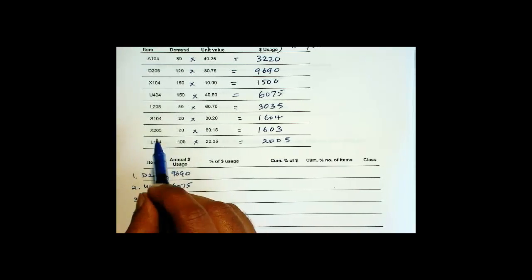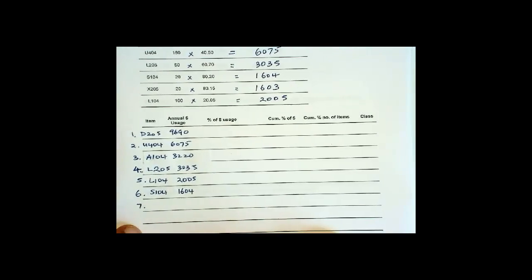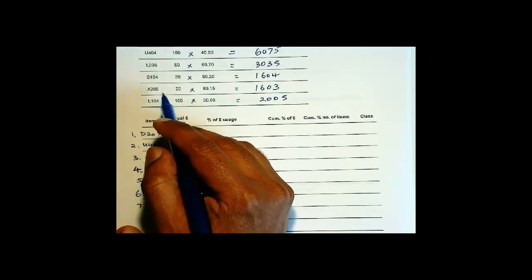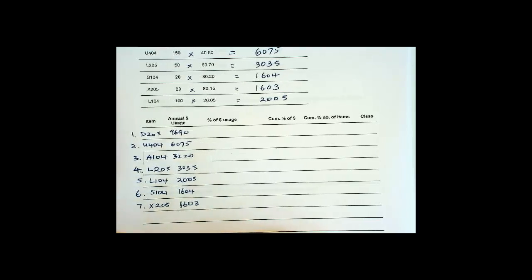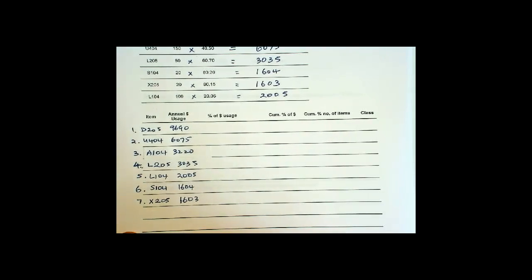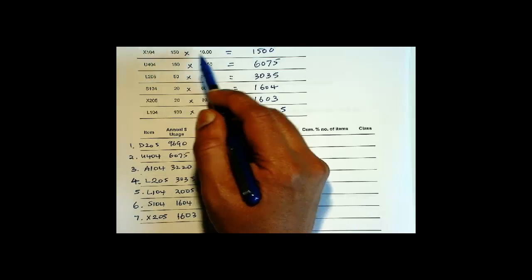And then we have S104, which is 1604. And then the next one is X205, so that is 1603. And then finally we have X104 and that is 1500.